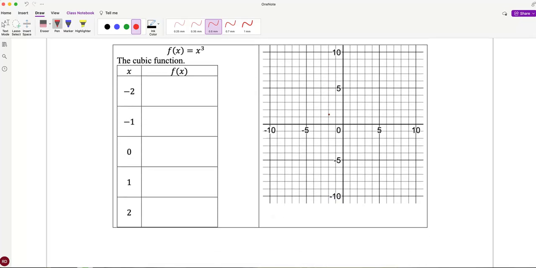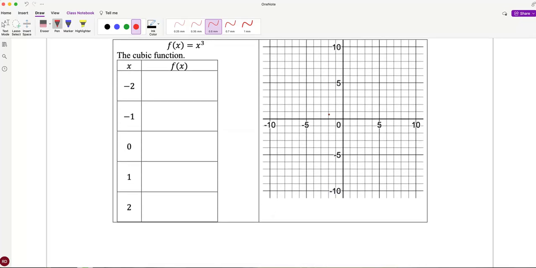Okay. F of x equal x cubed. So -2 times -2 times -2 is -8, -1 cubed, 0 cubed, 1 cubed, and 2 cubed. So this one again goes through 0, 0, like all of them. It goes to the right 1 and up 1, because you cube 1 and you get 1.